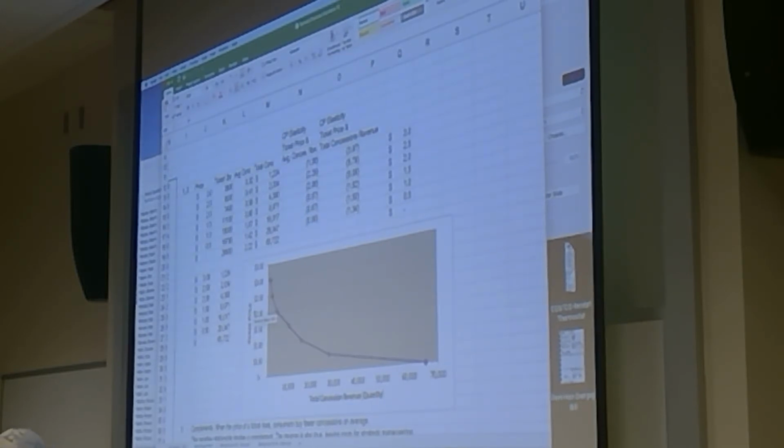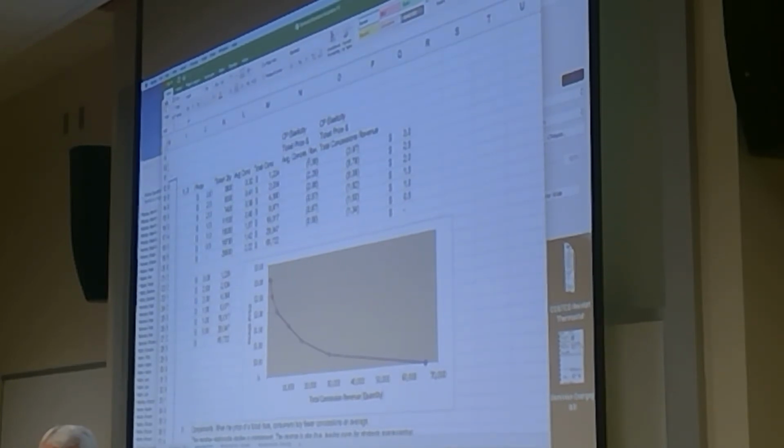For 1, just have the prices, the ticket quantity, the average concession that you get from the data you're given, and then do the multiplication so you get the total concession revenue.